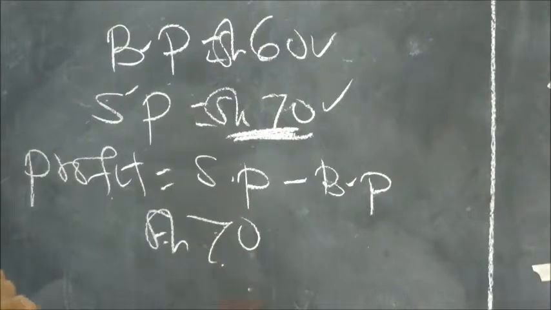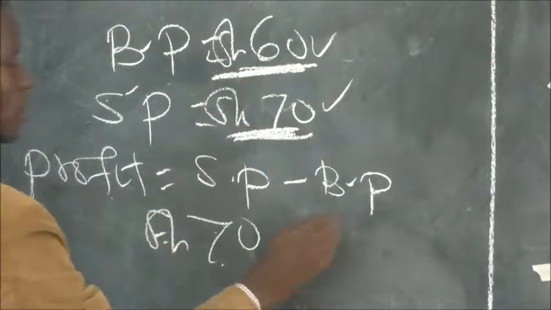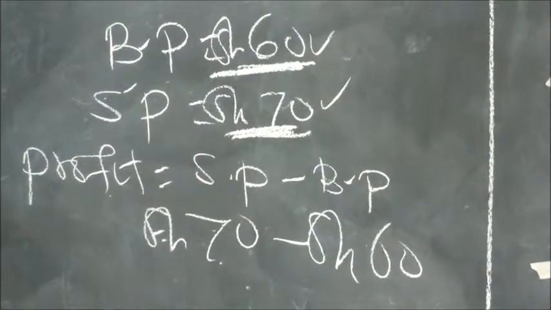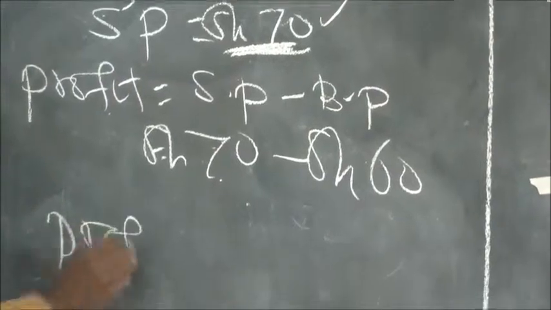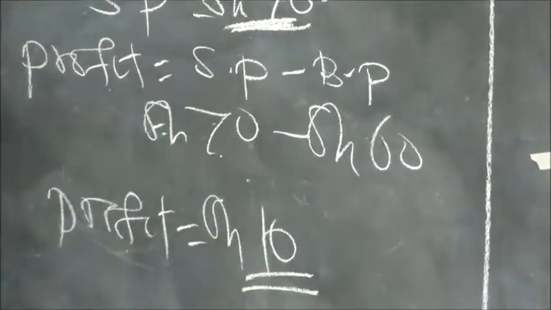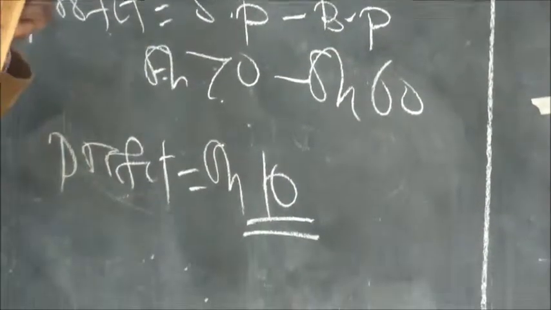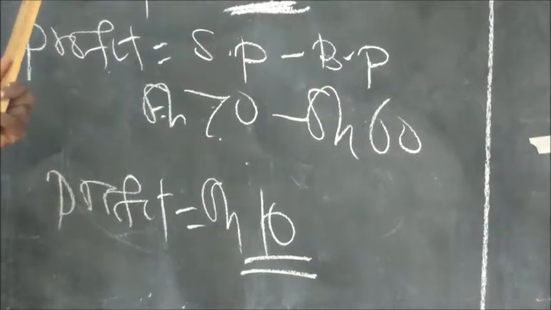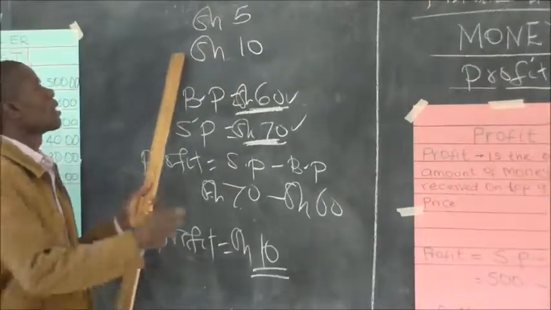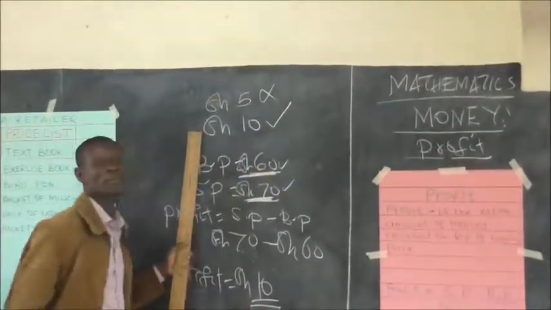Then from 70 shillings, we take away the buying price, in this case 60 shillings. Therefore, the profit made by this trader was only 10 shillings. So from the answers that you gave me before you worked it out, this person was wrong, but the other one was right.